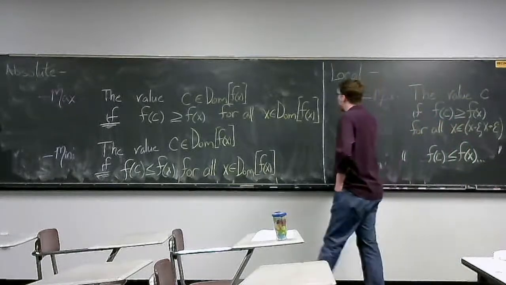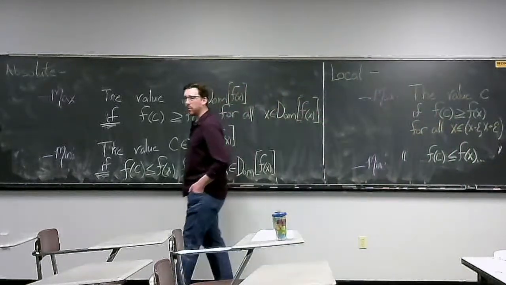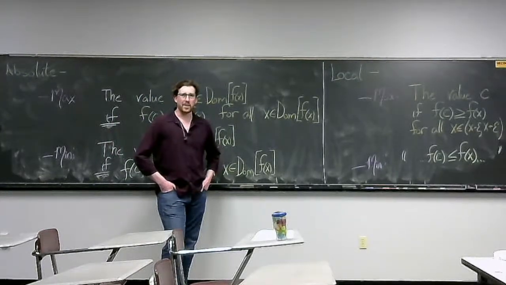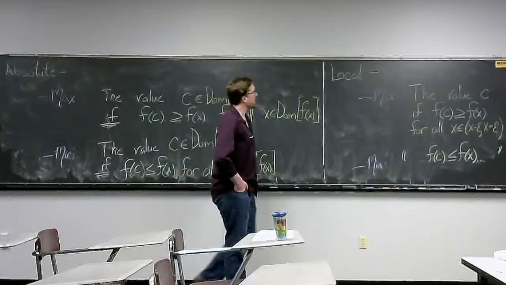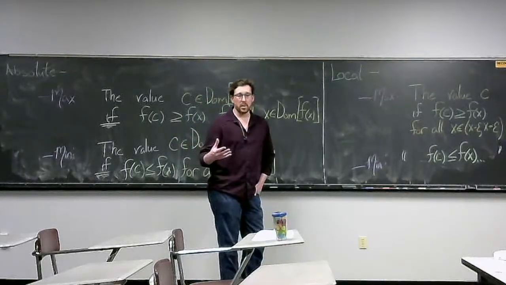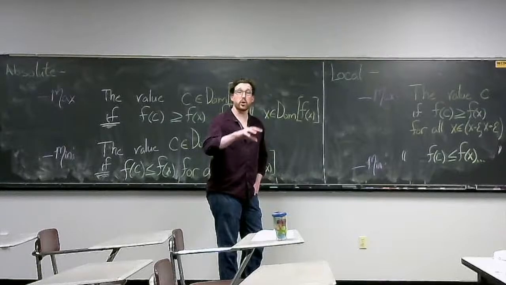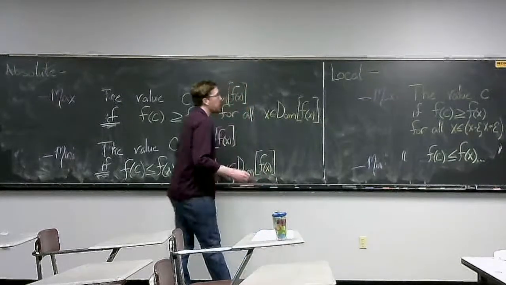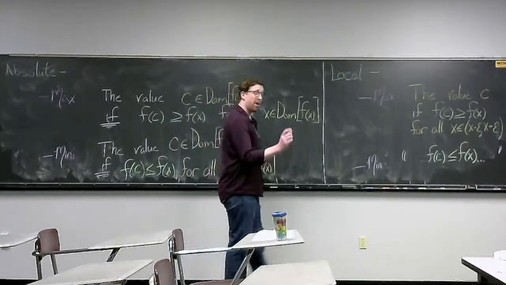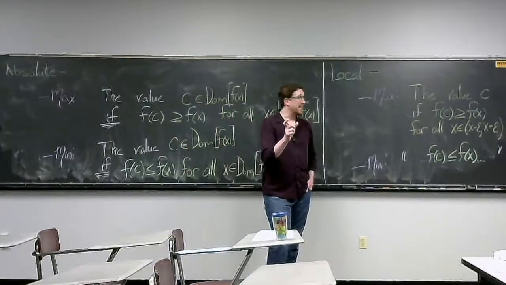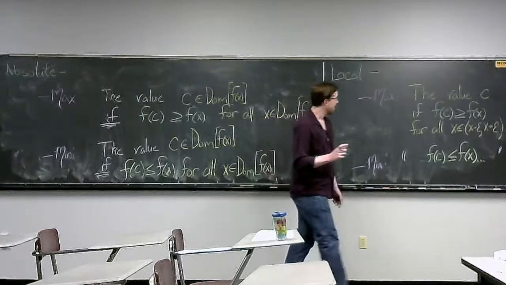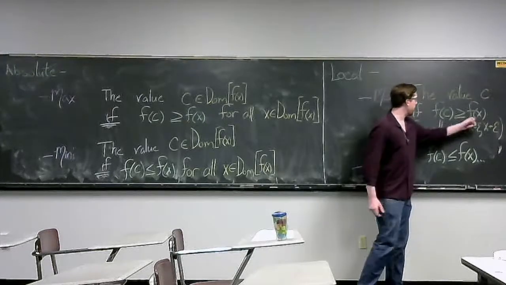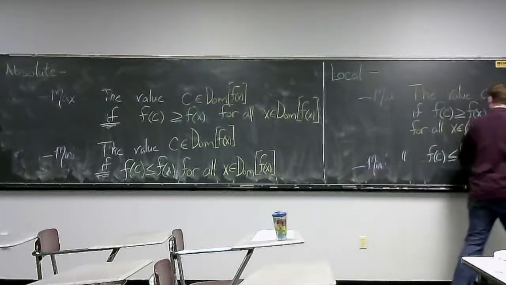On the other hand, though, we have this idea of local max and local min, and this gets a little bit more finicky. So for your function to have a local max at a value x equal to c, what we're saying is for all of those x values immediately around that c, f of c is going to be larger than or equal to f of x. And I actually have a typo up here on the board.